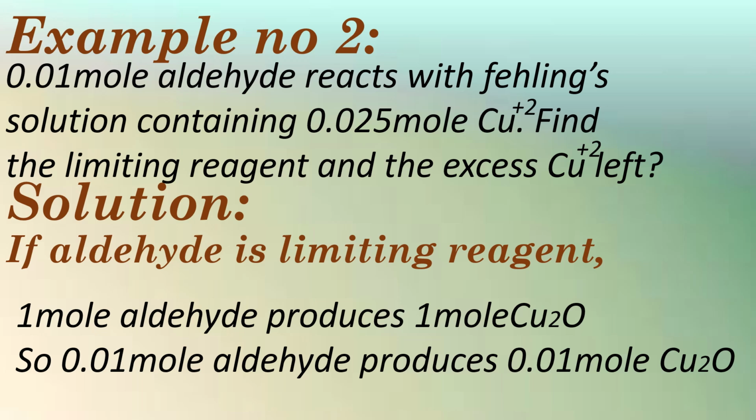So 0.01 mole aldehyde produces 0.01 mole copper 1 oxide. So the amount of aldehyde is given. 0.01 mole is producing 0.01 mole copper 1 oxide. Now we will check the amount of copper 1 oxide formed by copper plus 2.